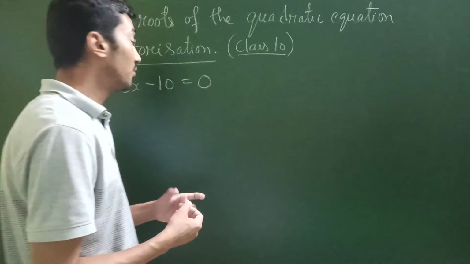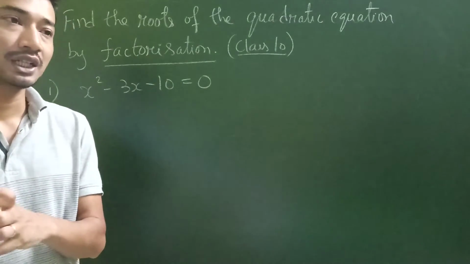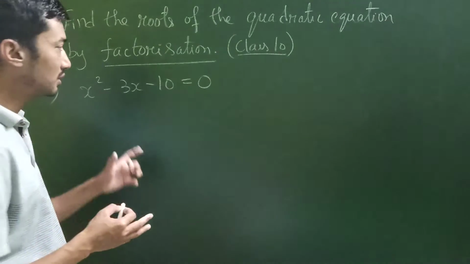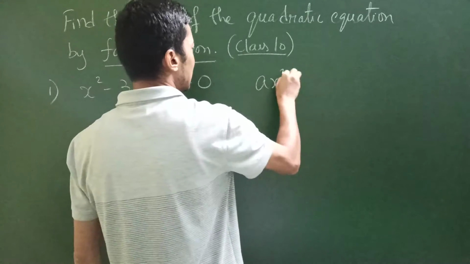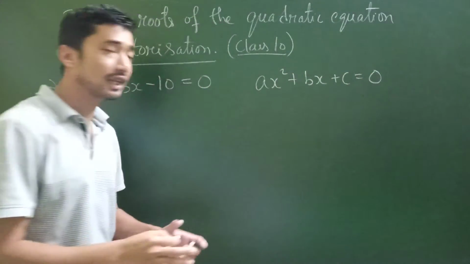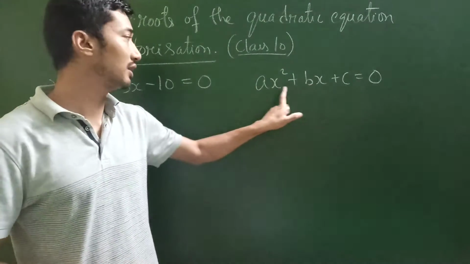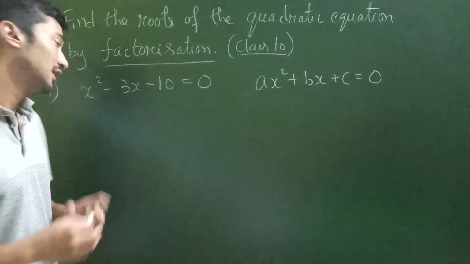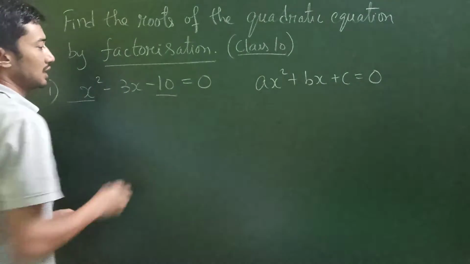This is applicable generally with a quadratic equation, so you first have to check whether the equation given to you is in the proper standard form, that is ax square plus bx plus c equal to 0, in decreasing order, x square, x. So it is already arranged.